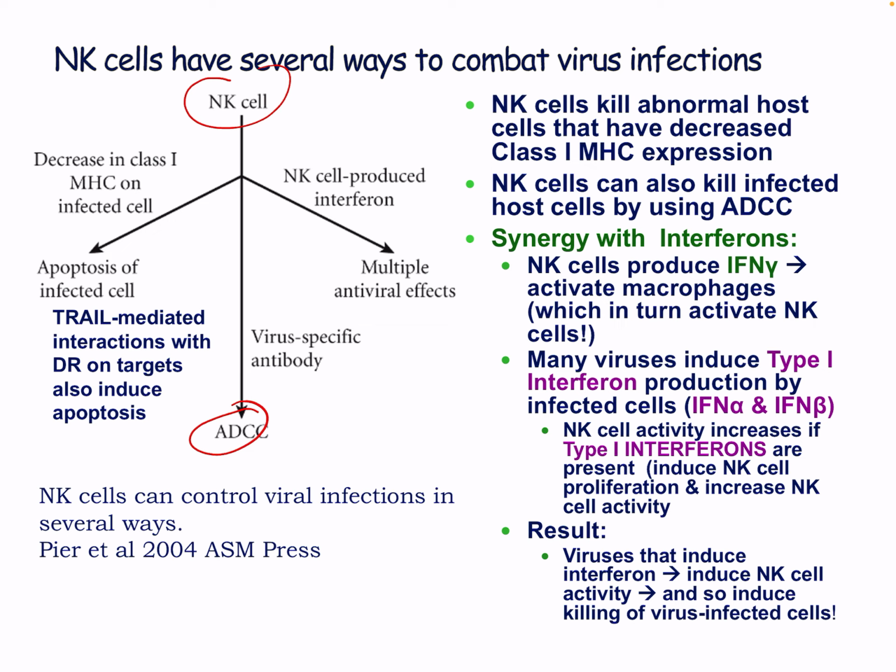Many viruses induce type 1 interferon production by infected cells through the release of interferon alpha and beta. NK cell activity increases when type 1 interferons are present, and the result is that viruses that induce interferon induce NK cell activity and so induce their own death.